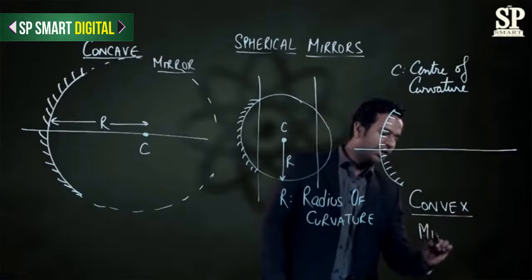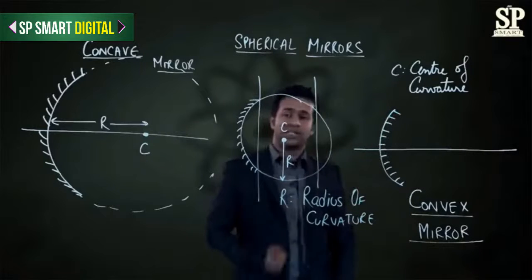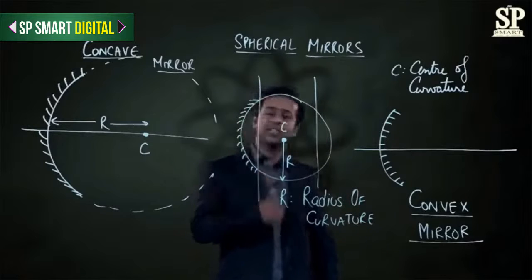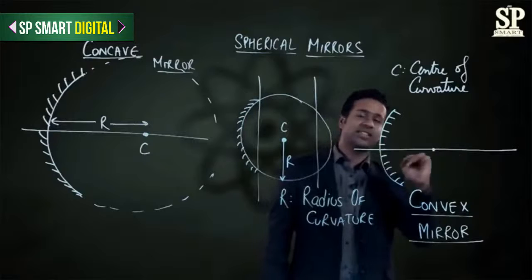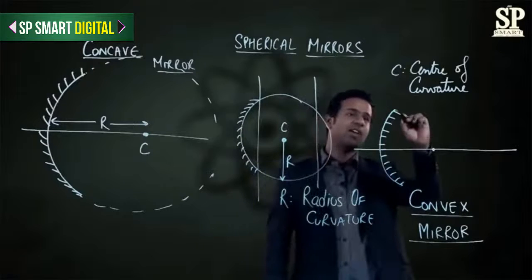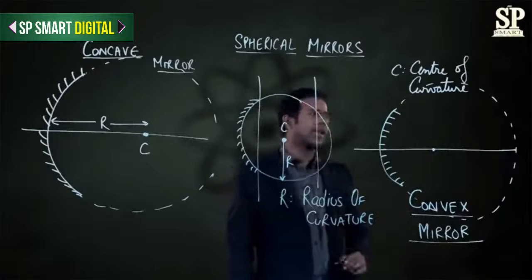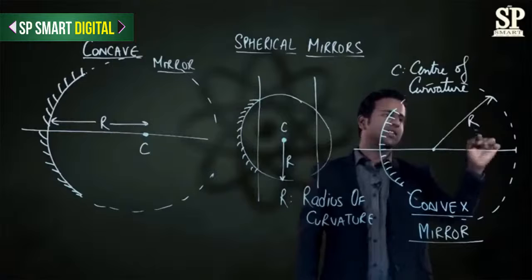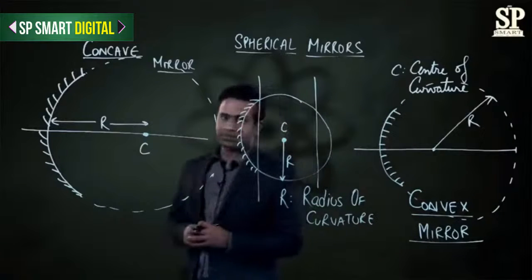So this mirror is a convex mirror. Once again, we can define the center of curvature and the radius of curvature for this mirror. The center of curvature is the center of the sphere of which this mirror is a part. And radius of curvature is again the radius of the sphere of which this mirror is a part.